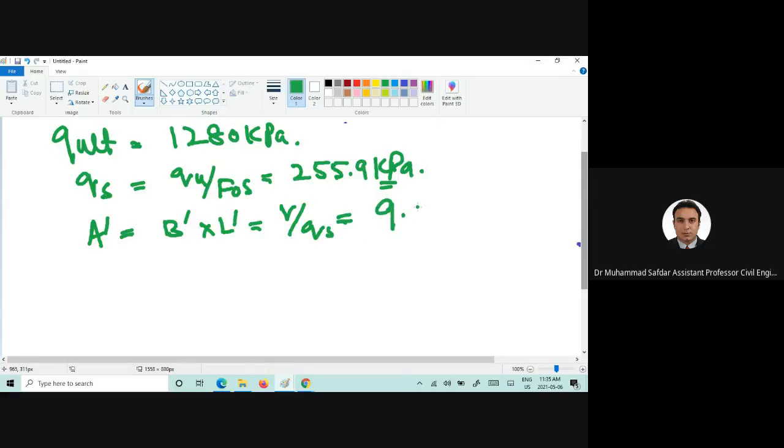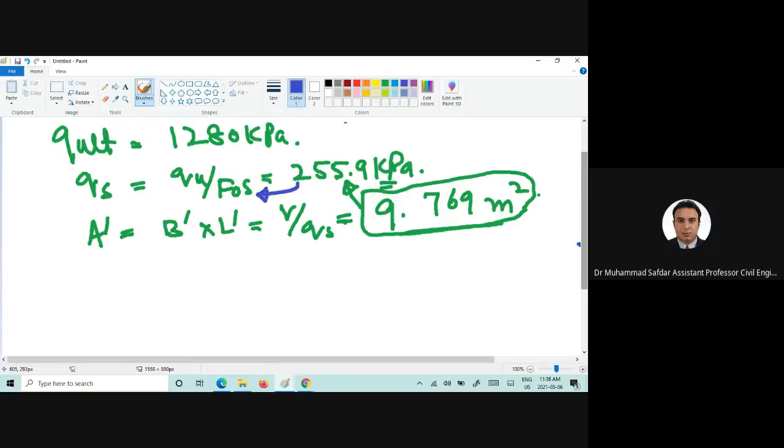So this should be the area of the foundation. Okay, this is a very important point. Please kindly listen very carefully. So this is the area which will give us the Q safe 255.9 for the factor of safety 5 and for the ultimate bearing capacity 1280 kilopascal.